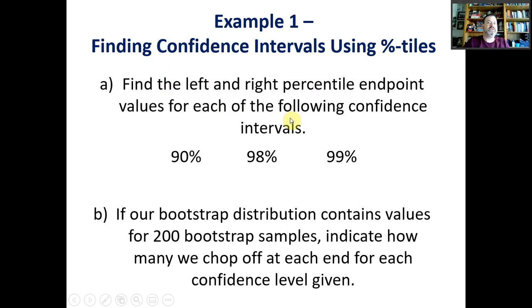So the way this works, if we're finding a 90% confidence interval with 200 bootstrap samples, StatKey will count in 10 dots, chop those off, and at those boundaries will be the indication for your confidence interval. What about a 98% confidence interval? 98% confidence, that's pretty confident, so chop 1% off of each end.